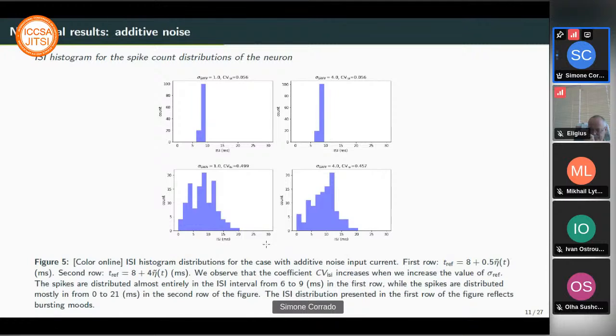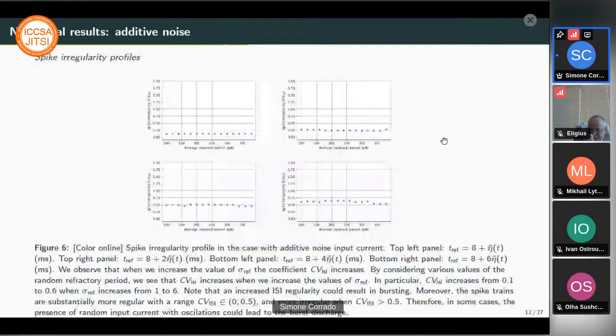All right. And one more thing related to additive noise here is the spike irregularity profile, because this is another characteristic that is quite important. Various situations have been considered just to play with and to understand what these spike irregularity profiles may lead to.